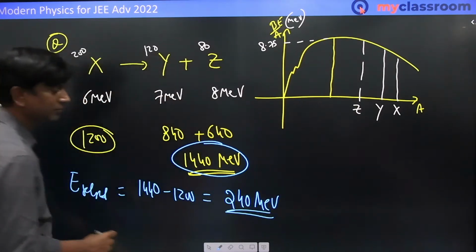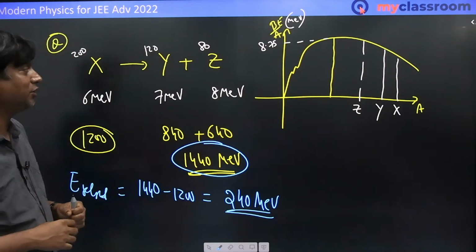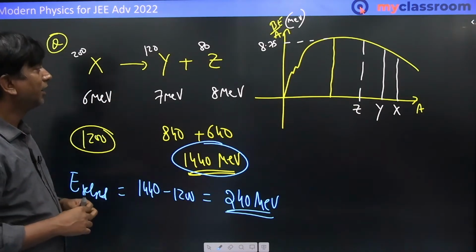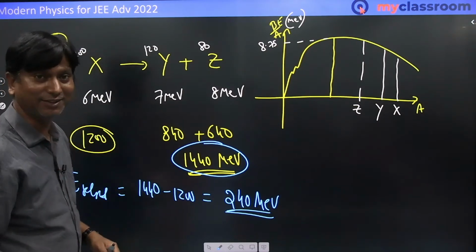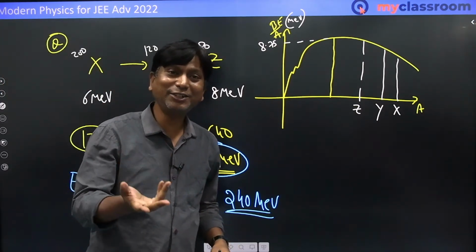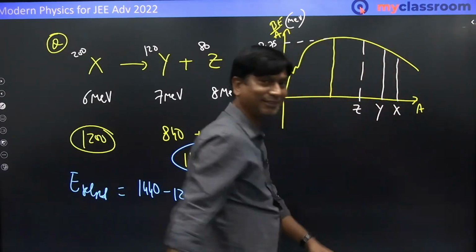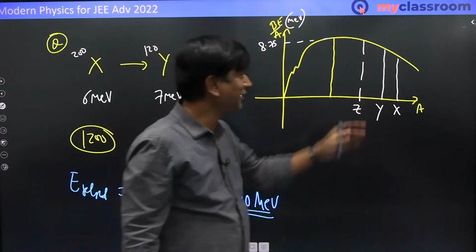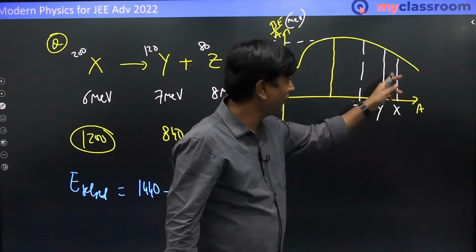One more observation you are going to find: this is a fission reaction and energy has to be released. That is only possible on this side of the graph. Why this side? When you take this side, X is heavier and the lighter ones are on this side.